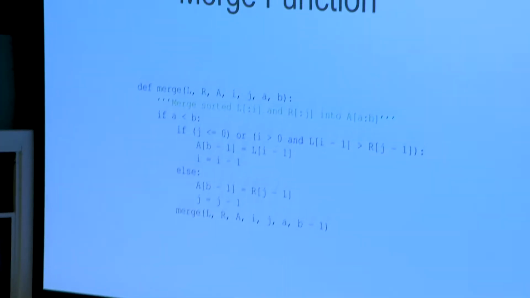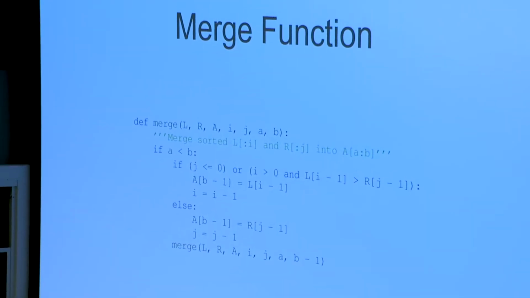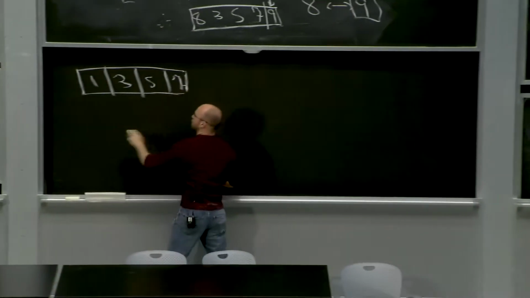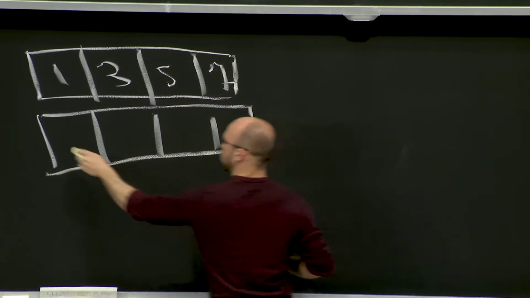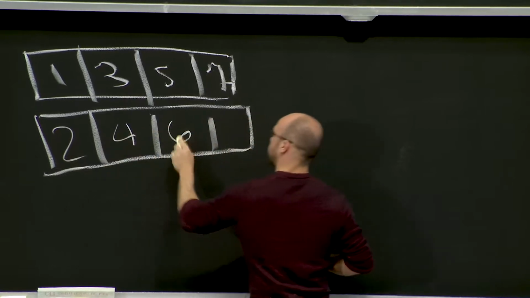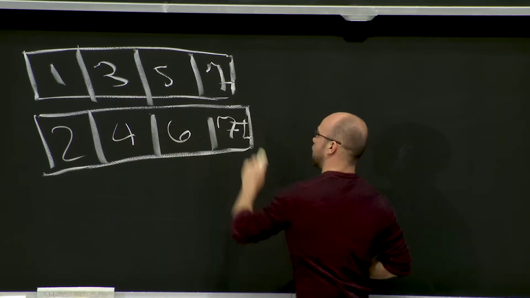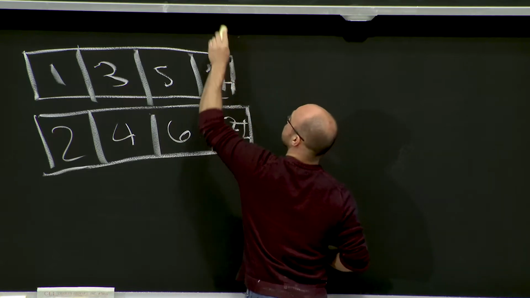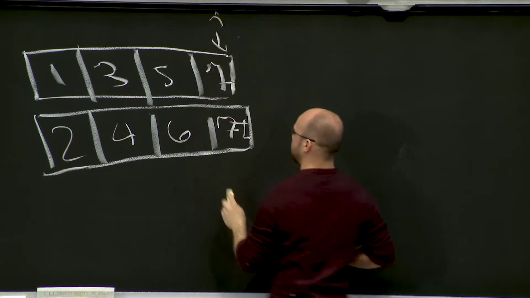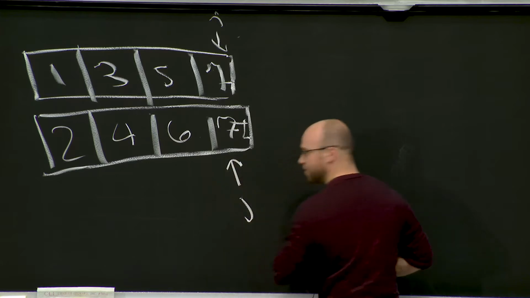OK, so I have 2 sorted lists. So maybe 1, 3, 5, 7. And then I have a second sorted list here, which is maybe 2, 4, 6, 72, as one does. Then I'm going to have one pointer like this, which is I, and a pointer down here, which is J.